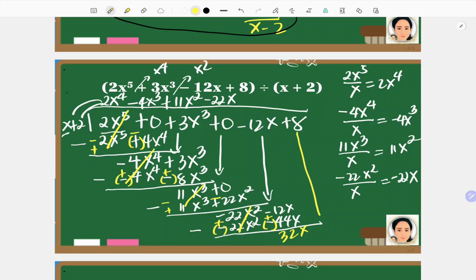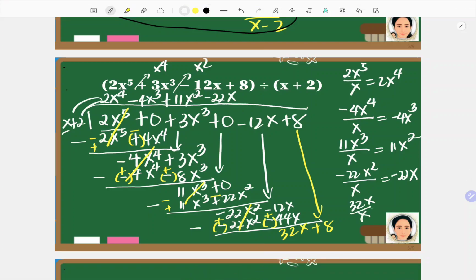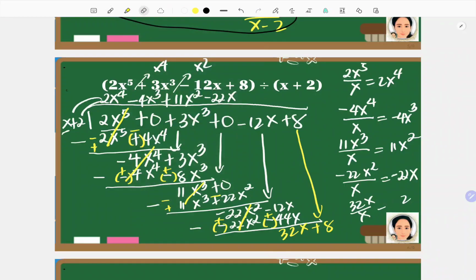Then bring down the next term. Positive 8. Okay, divide again the first term of the dividend to the first term of the divisor. 32x divided by x. Your answer is positive 32. So, write it on top.